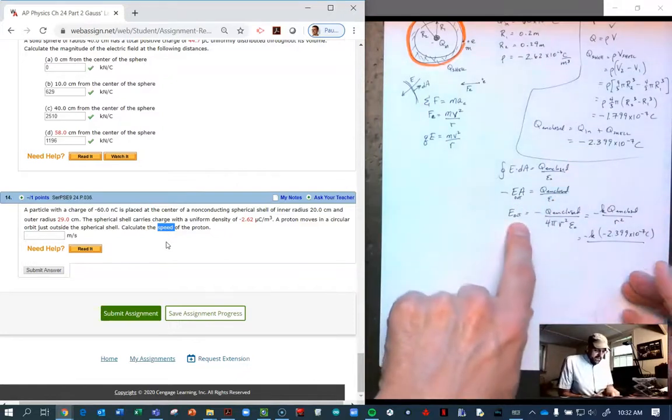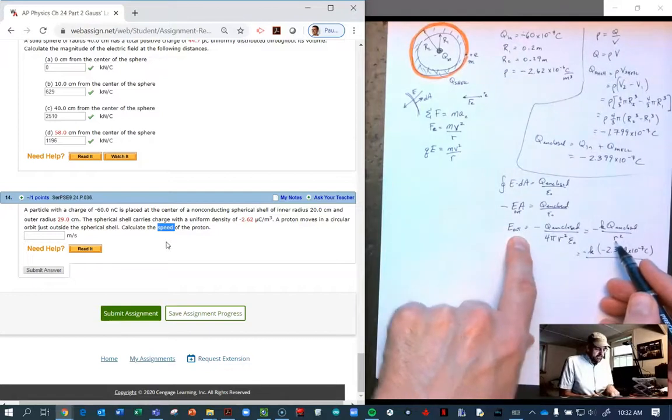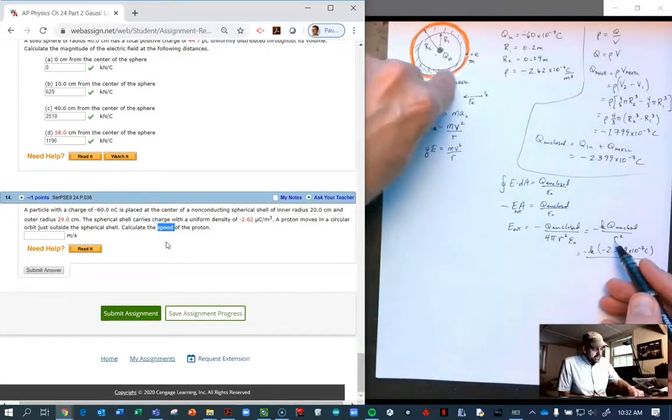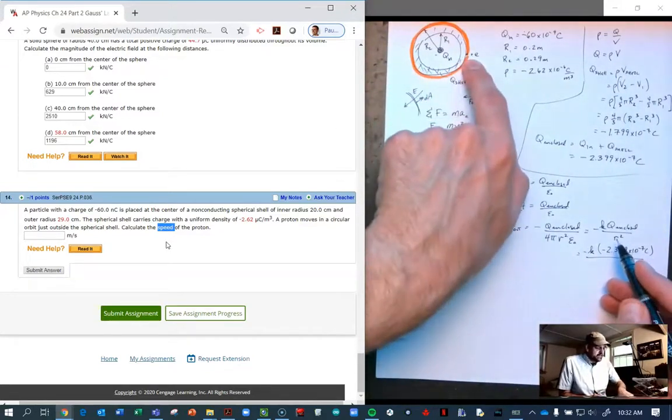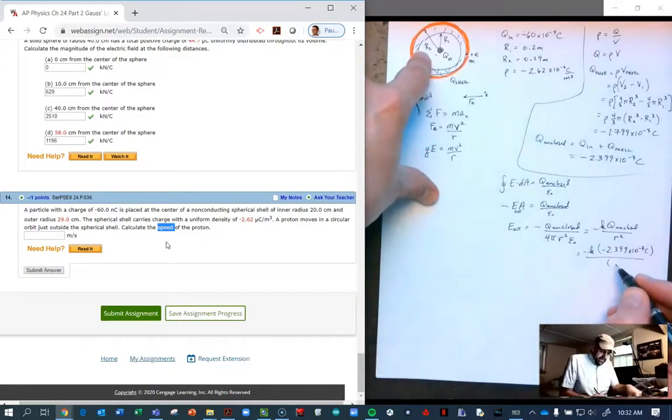And for this problem, where do we want to figure out the electric field? We want to figure it out right where the electron, the proton, gee whiz, is traveling, and that is R2. Right above R2, so we're just going to assume it's R2. So R2 squared.